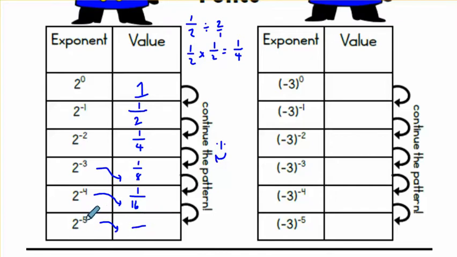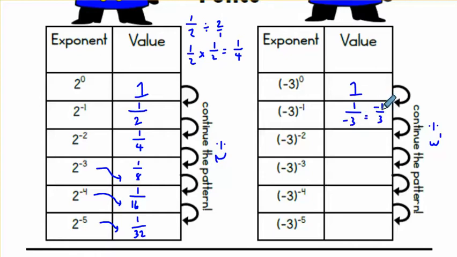So 2 to the negative 5th power is going to be 1/32. Same thing here. Negative 3 to the 0 power we know is 1. And remember, we are dividing each one by negative 3. Well, 1 divided by negative 3 looks like that, but of course, we really prefer to put the negative on top.